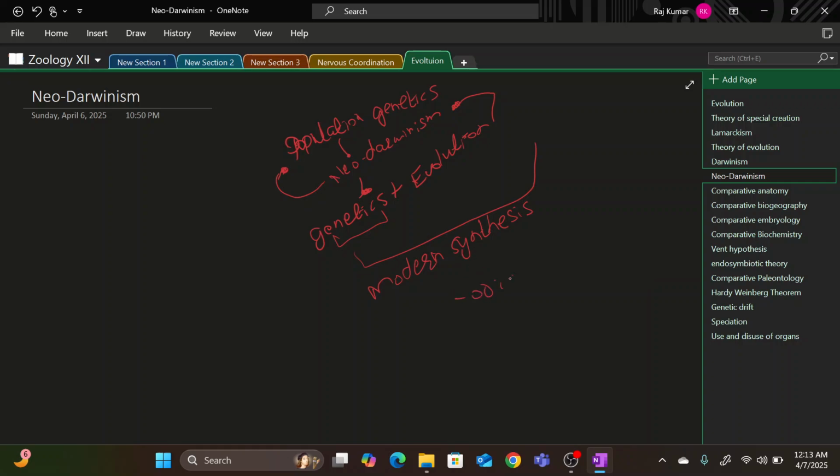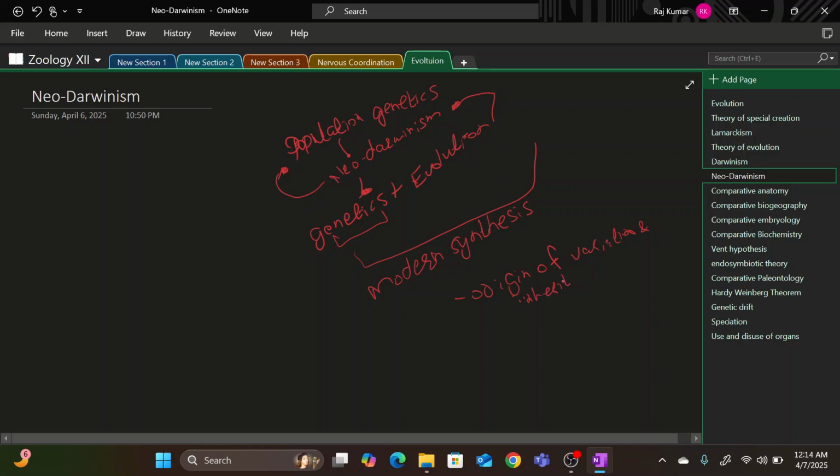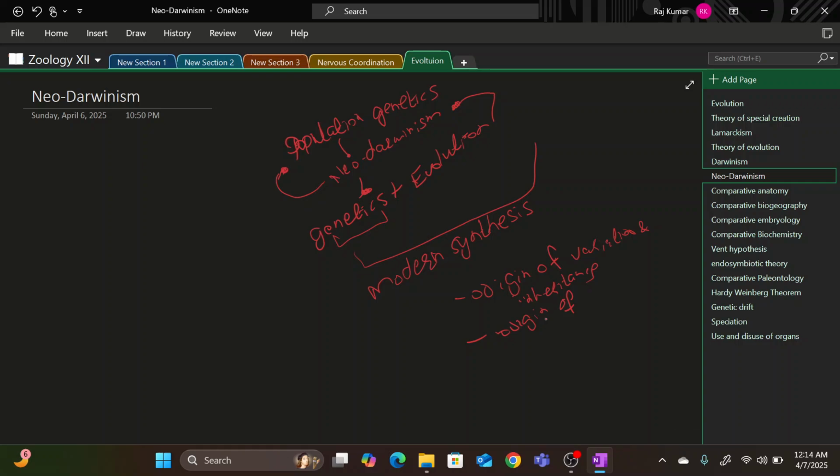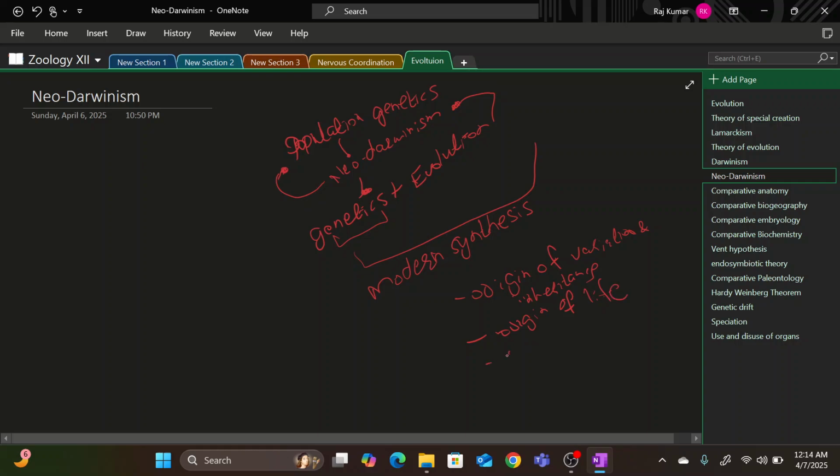And population genetics deals with the origin of variation and inheritance. Secondly, it deals with the origin of life, and thirdly, with the origin of species.